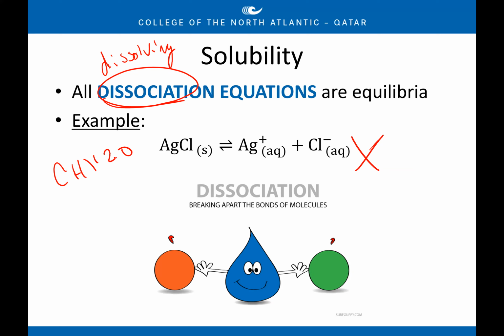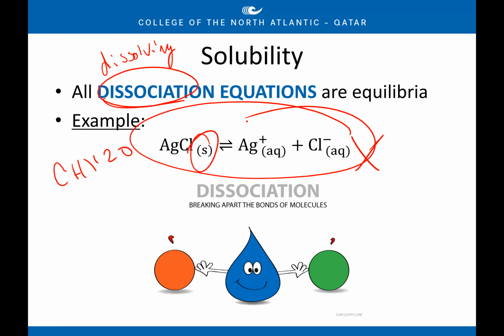If I was going to write an equation to represent how silver chloride, one of my favorite ionic compounds, dissolves in water, it would be an equilibrium. The silver chloride solid splits into its ions if it dissolves in water.